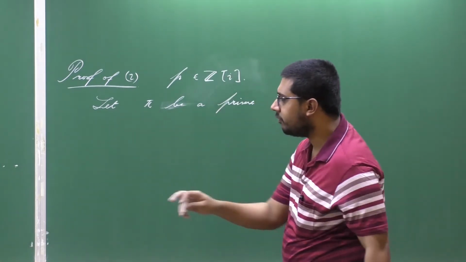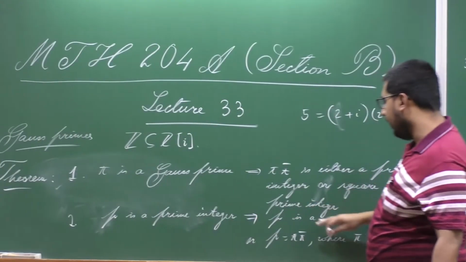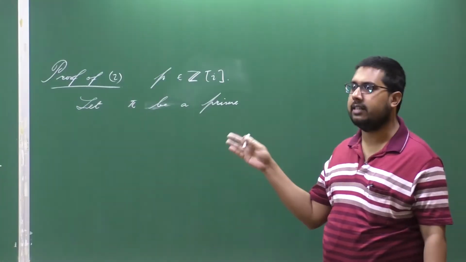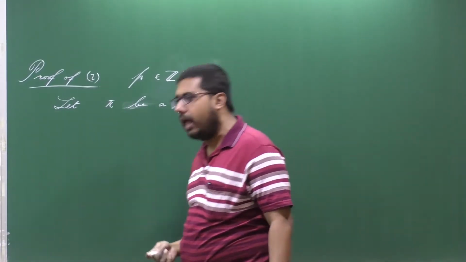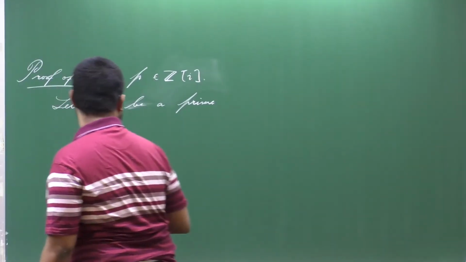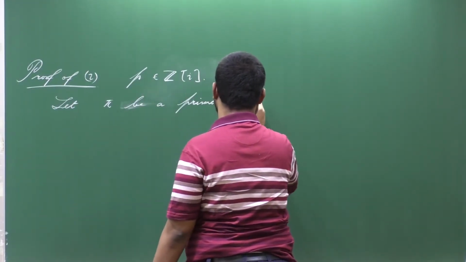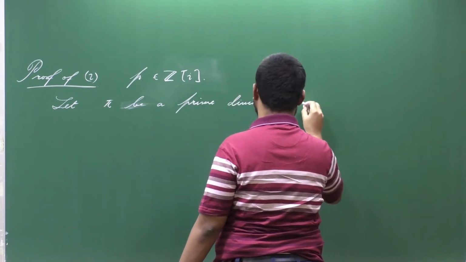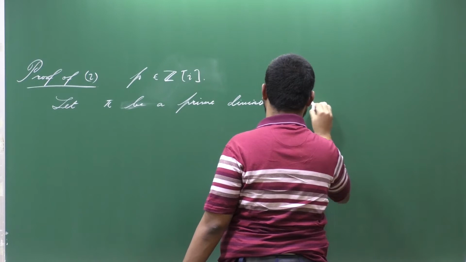So, what are we going to show? If p is a prime integer, then we are viewing p inside Z[i]. Certainly p is neither 0 nor a unit. Therefore, it will have a prime divisor pi.